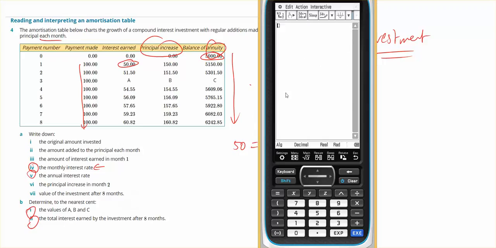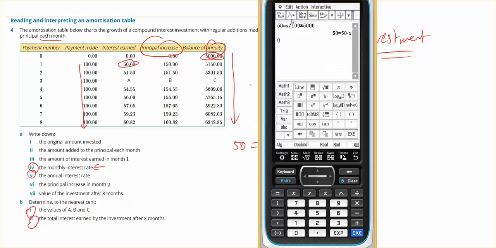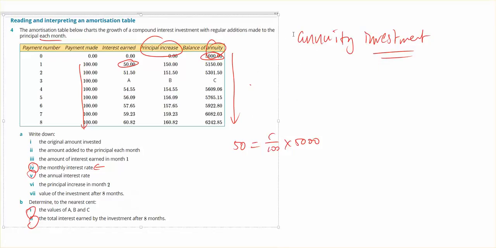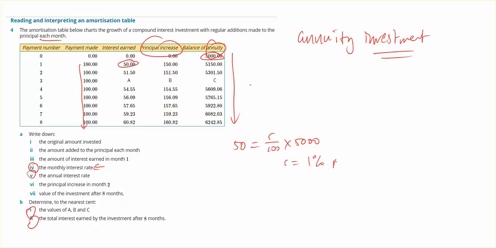I go 50 equals x divided by 100 times our original principal, which is 5,000. And I need to go interactive and solve for x, and we get 1%. Okay, so my R, my monthly interest rate, is 1% per month.